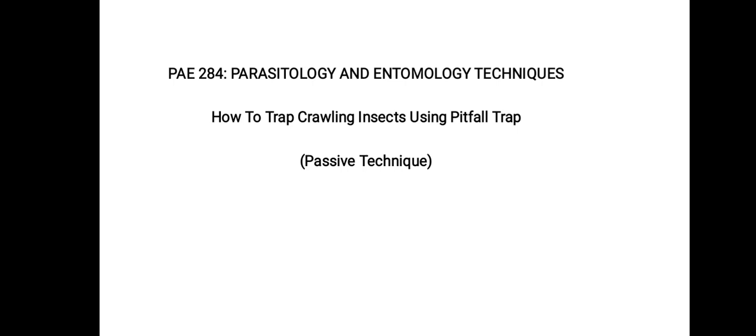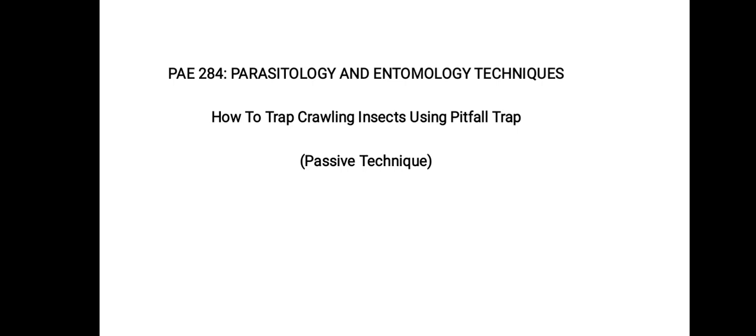And then on the other part, we have also talked about passive collection technique. Under the passive collection technique, we mentioned at least 5 different traps that entomologists can use to collect insects in the field passively. In the list of the 5 different types of traps, we have the first one, pitfall trap.